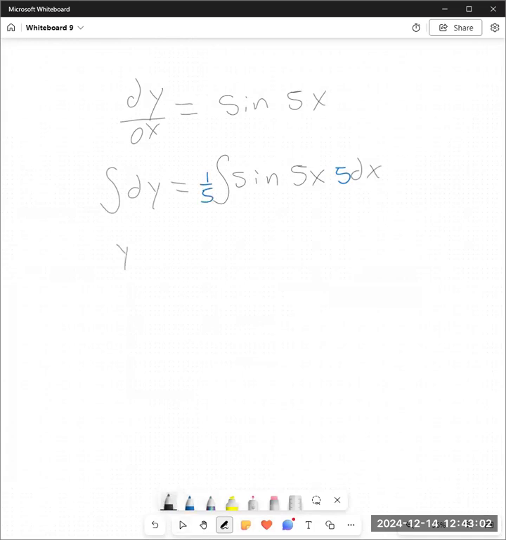So I have y of x is equal to 1/5 negative cosine of 5x plus constant of integration c there.